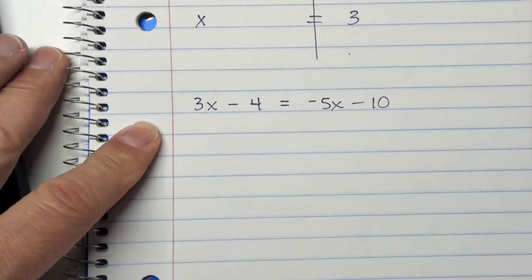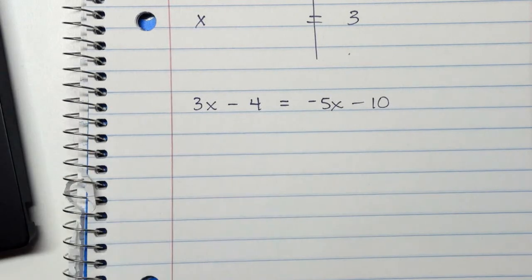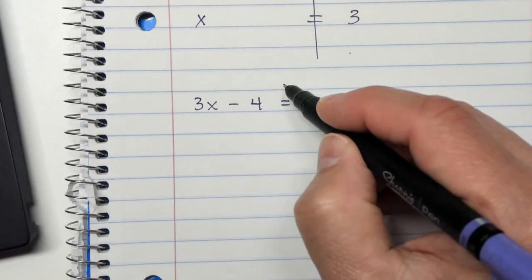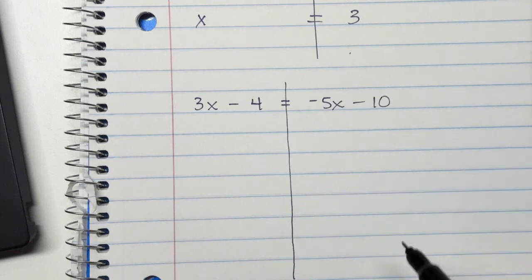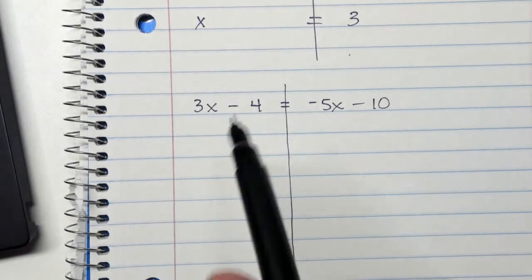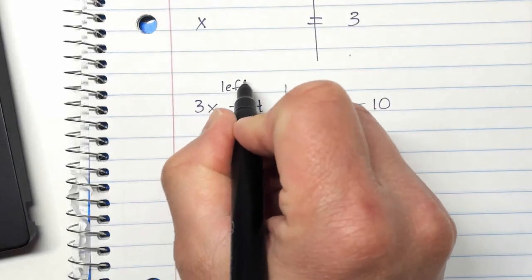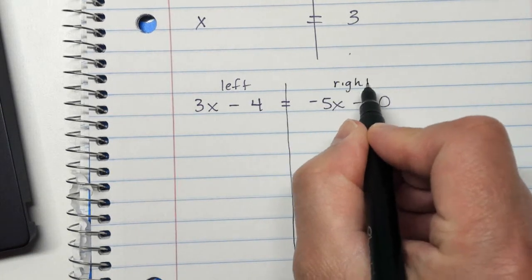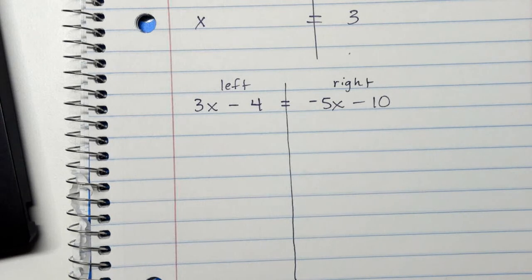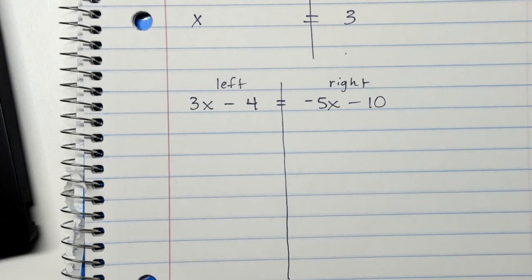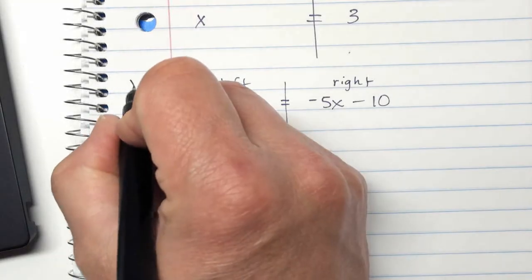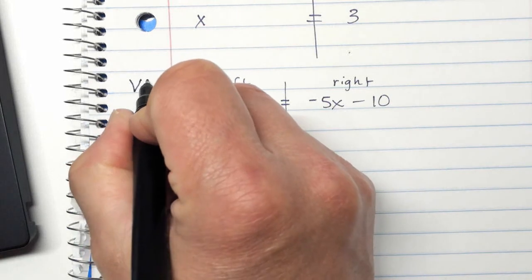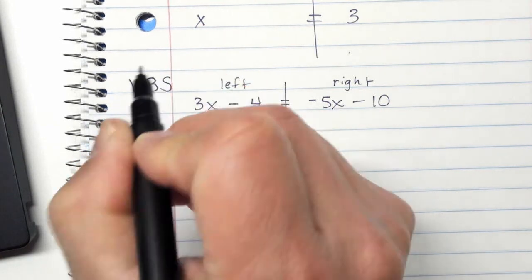It is a completely different type of problem. So, this time, if you notice, we have variables on the left side and variables on the right side. Variables on both sides. So we call these type of problems variables on both sides.